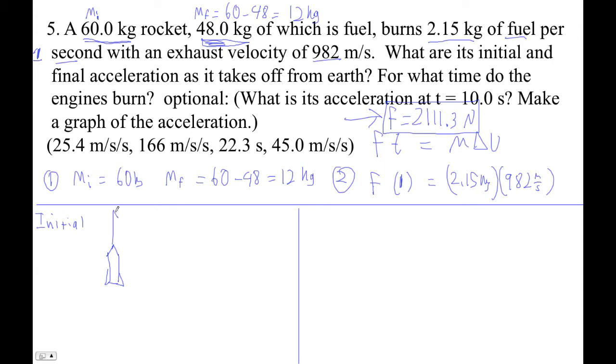And our force up is 2111.3 newtons. We got that from here, which we got from here. And the force down, it's 60 kilograms, because that's my initial mass. Got that here. And so the force downward is 60 times 9.8. Reliable sources say that that is 588.